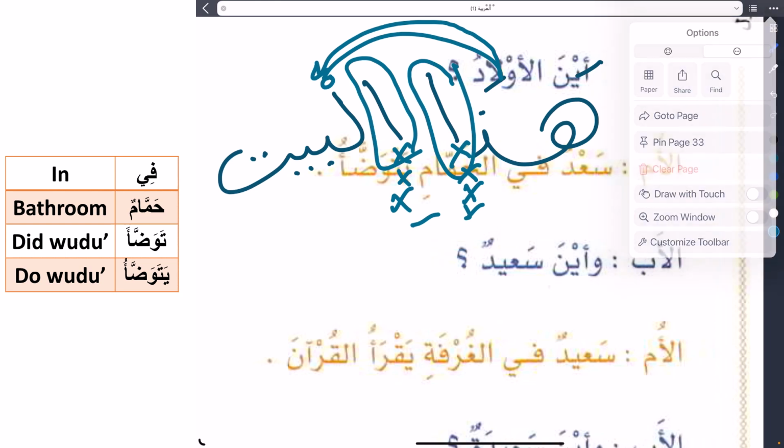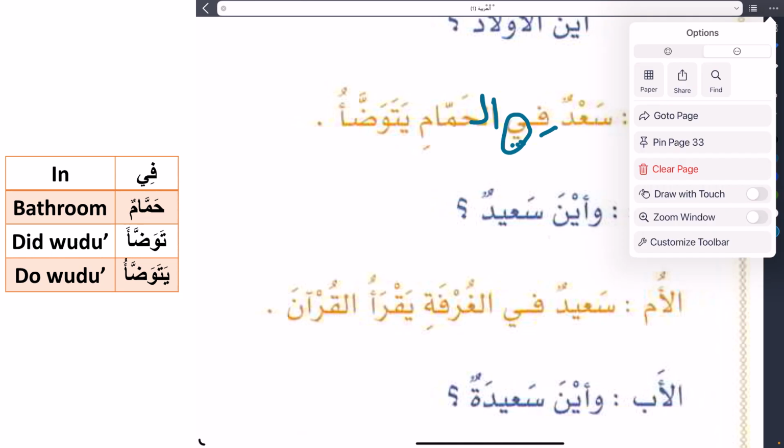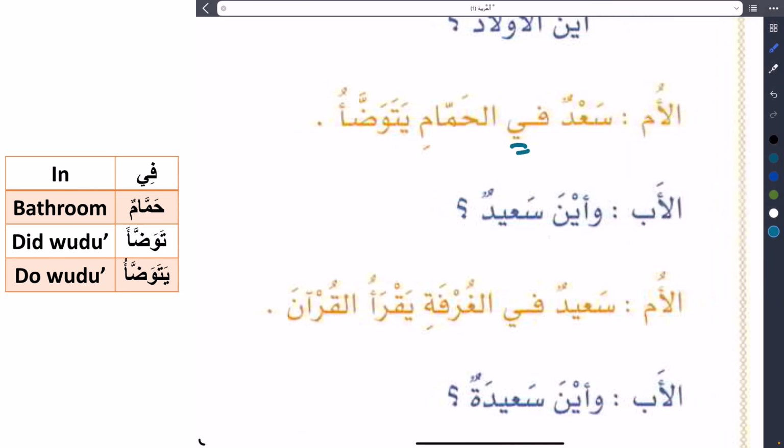So let's apply it here. Fi, stretching ya, followed by al. We skip the stretching ya and we skip the alif, and we jump from the fa to the lam, and we say fil hammami.